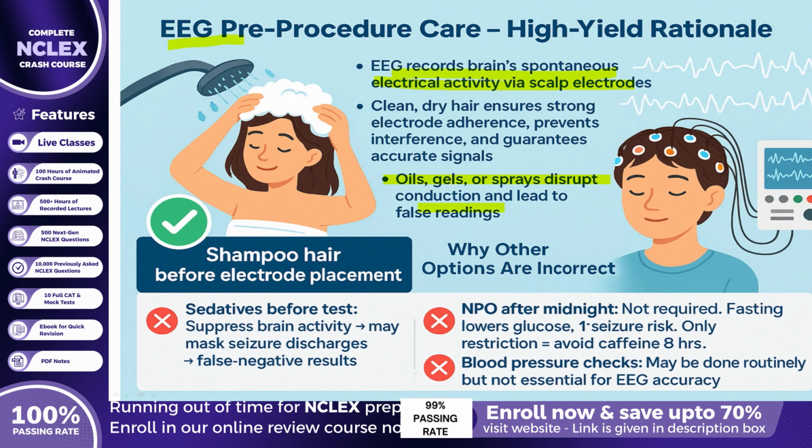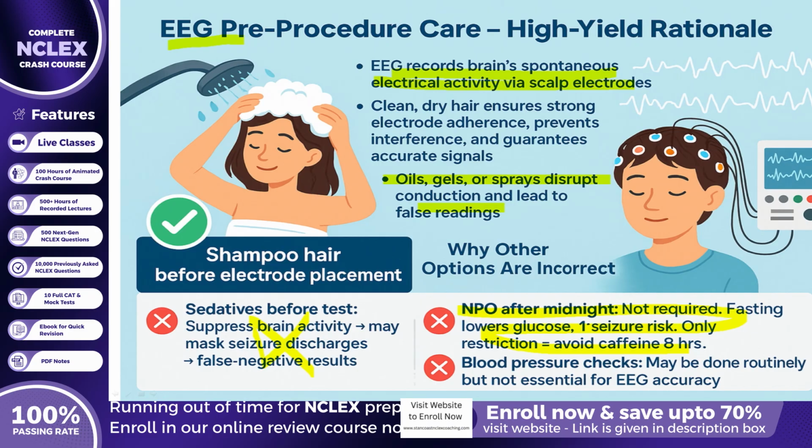Looking at the other options, option 1, administering a sedative, is inappropriate unless specifically ordered for a sleep EEG. Sedatives and anticonvulsants suppress brain activity, potentially masking seizure discharges and leading to false negative results. Moving to option 2, withholding food and water is not required for an EEG. In fact, fasting can lower blood glucose levels and increase seizure susceptibility, which may place the client at unnecessary risk.